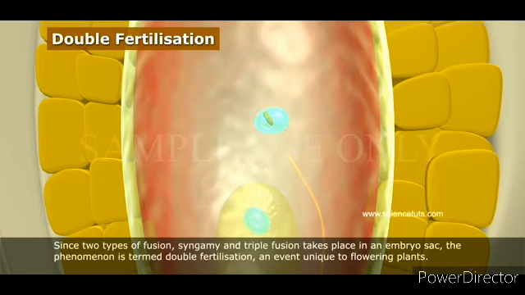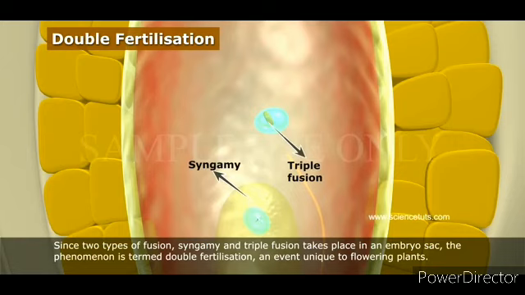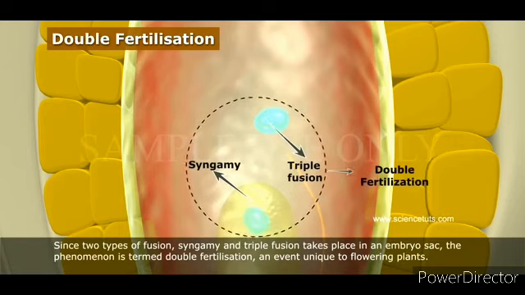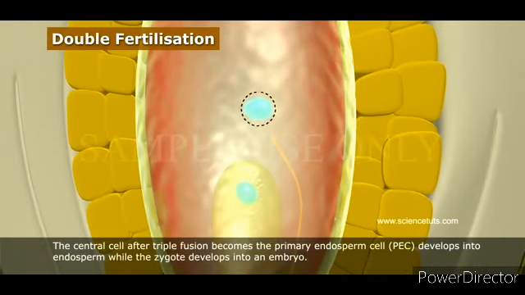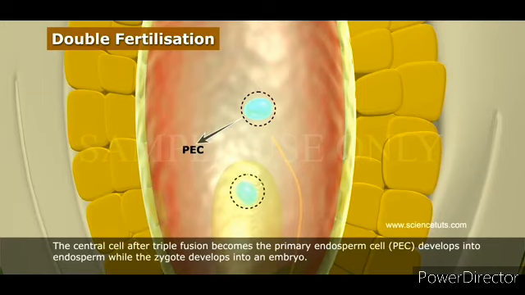Since two types of fusion, syngamy and triple fusion, take place in an embryo sac, the phenomenon is termed double fertilization, an event unique to flowering plants. The central cell after triple fusion becomes the primary endosperm cell, PEC, which develops into endosperm, while the zygote develops into an embryo.